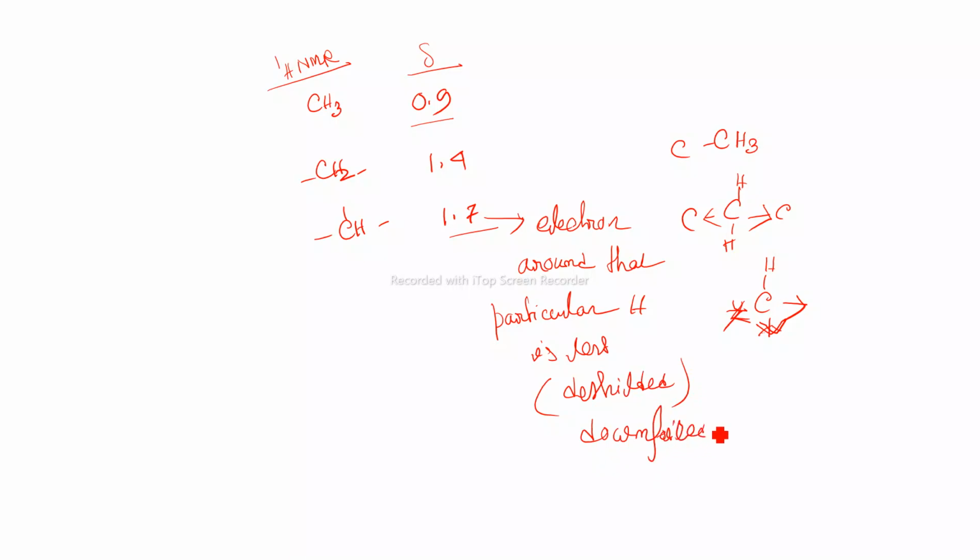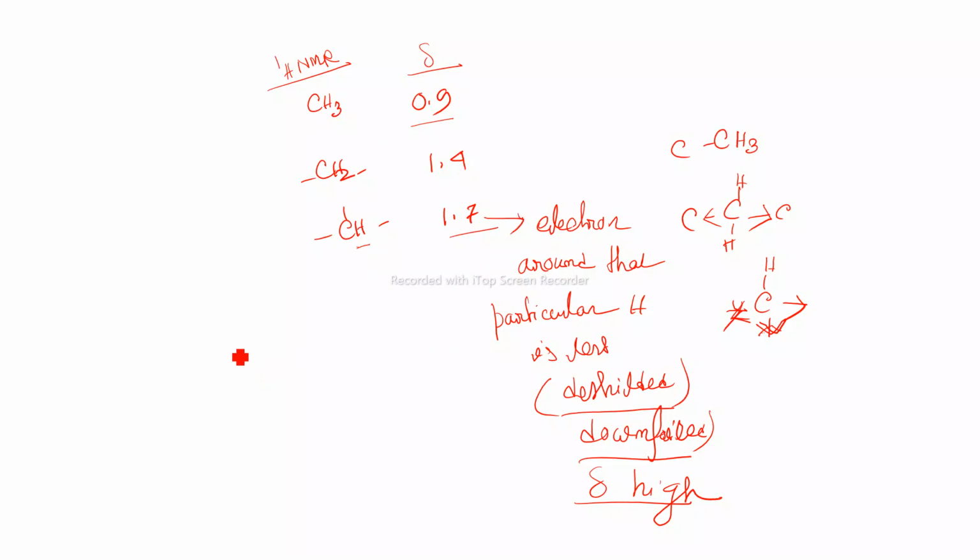So downfield or deshielded means less electron around the nucleus, and delta should be high. In the exam, it can be framed in three different ways. Because it has 3 carbons, and carbon is more electronegative, the electron around that particular hydrogen should be less compared to these two. That's why it is more deshielded.